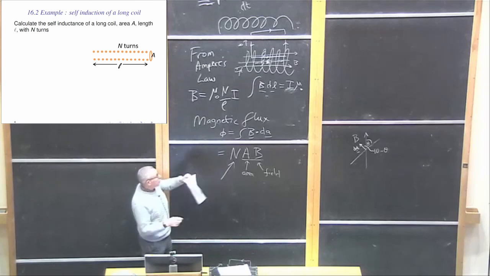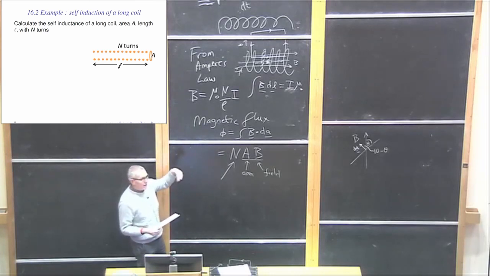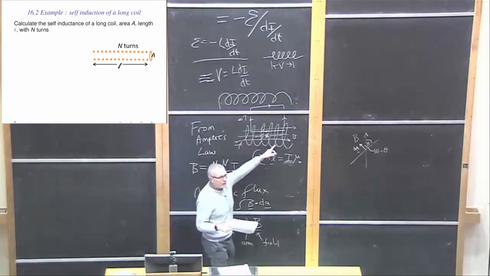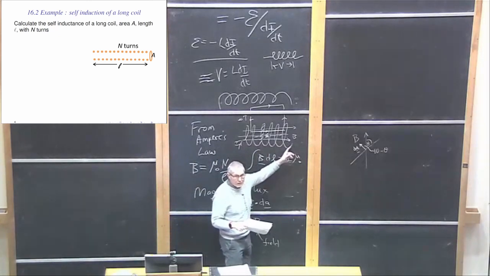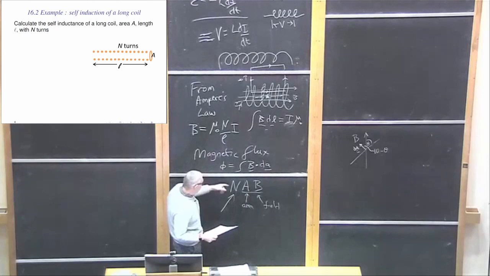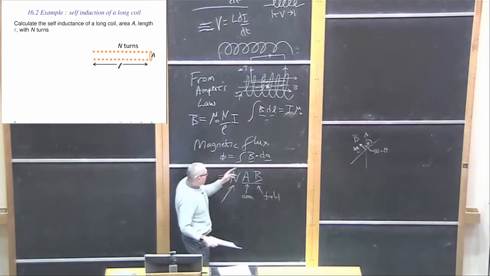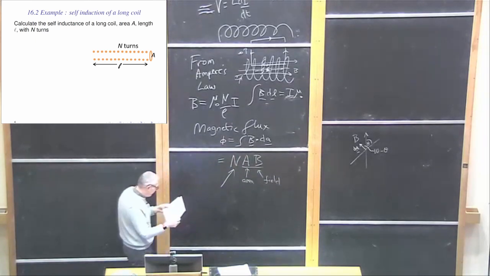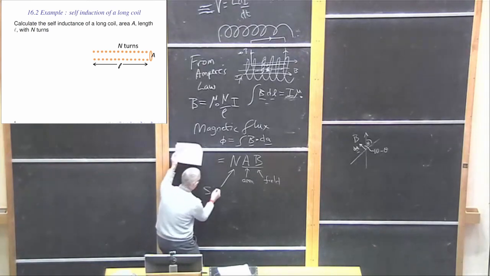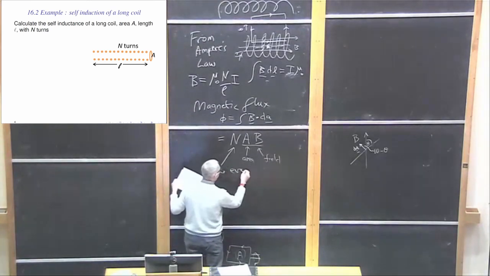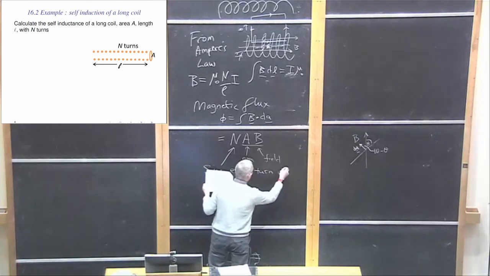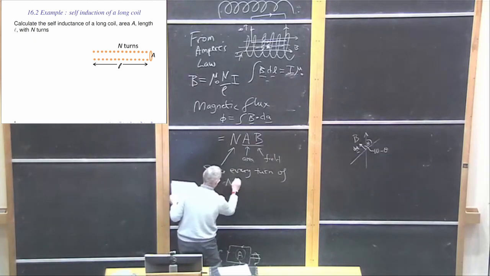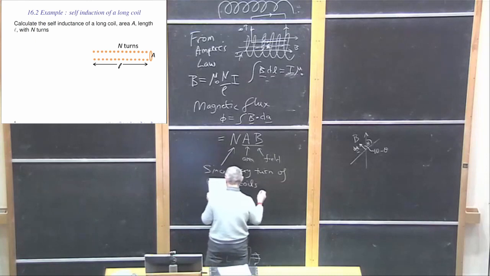There's a value of n here because, if I have a changing field, changing flux, every single turn of this coil links it. So the total flux is n times the integral of B dot dA, because every single turn of the coil feels that linking flux. Every turn of the N coils, I should say, links its own flux.